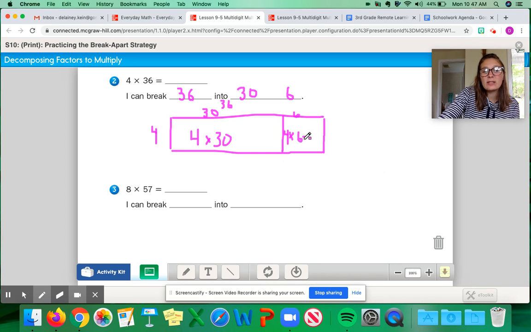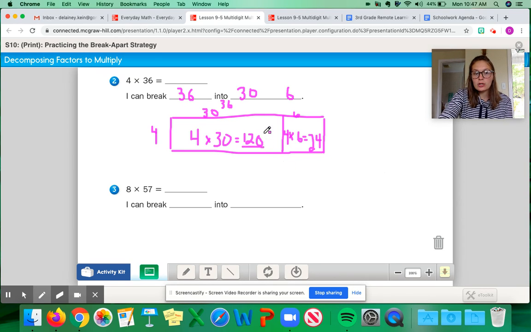I'm going to do 4 times 6 first because I have fact power for that one. 4 times 6 is 24. And then 4 times 30, well, we know 4 times 3 is 12. It's not 3 ones, it's 3 tens, so 120.